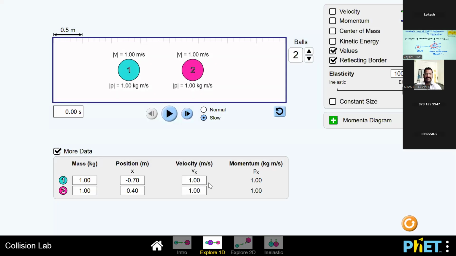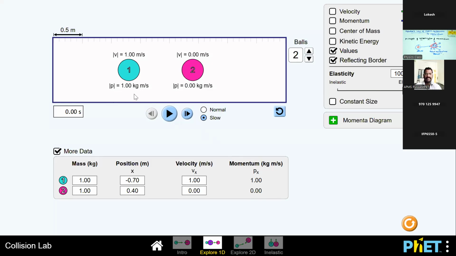Now again I will run the same situation. Please look at the momentum, modulus of P here. For the first object, mass into velocity, 1 into 1, so momentum 1. For the second object, there is no velocity because it is at rest, so mass into 0, momentum 0.